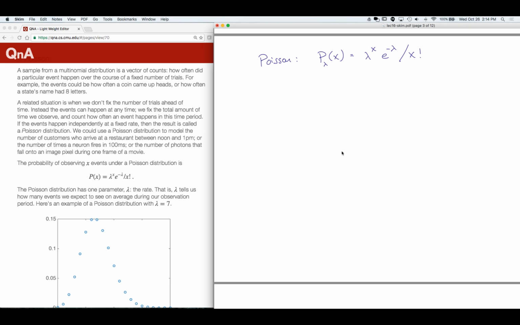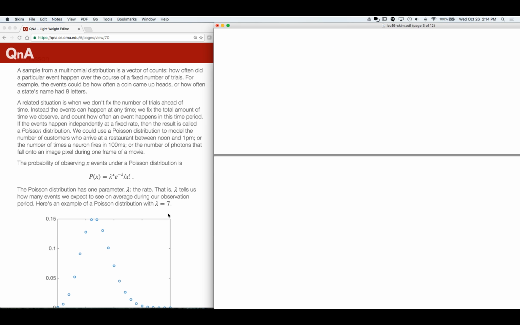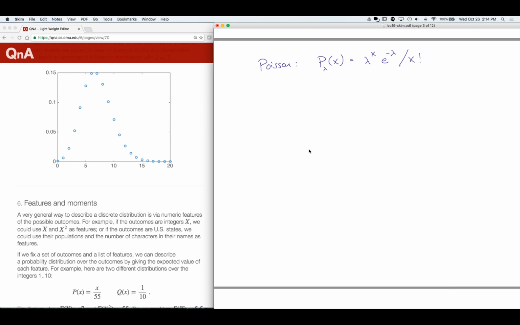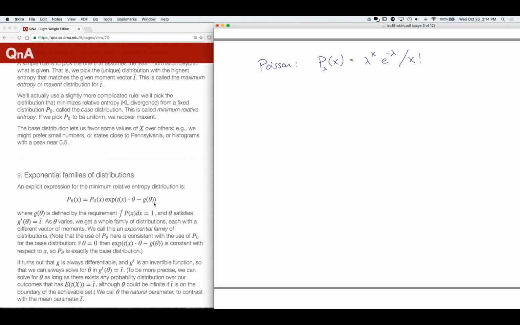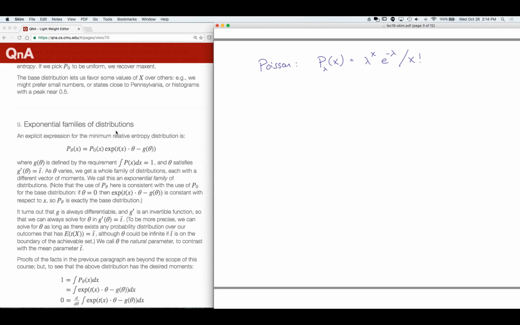And so we can write that, if we go back now to the definition of an exponential family, here's the form for an exponential family. If we take p0 of x proportional to 1 over x factorial.